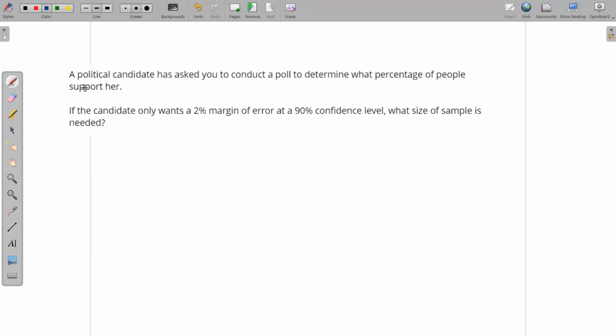So the error bound on a proportion is equal to a z-score times the standard error for a proportion, which is the square root of p prime times q prime over n. And the other day I did the algebra to solve this right here. Let me see if I can get that right.